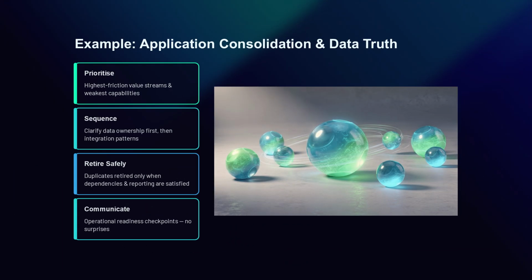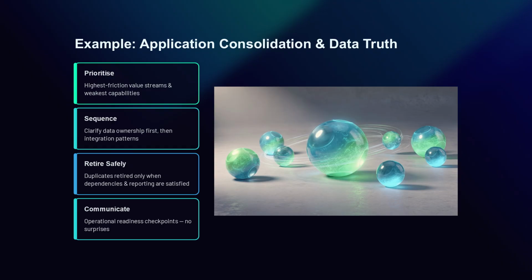Building on cloud migration, consider a plan to consolidate applications and establish authoritative data sources. You prioritize by focusing on the value streams with the highest friction and the capabilities with the greatest weakness. You sequence by first clarifying data ownership and authoritative sources, then introducing integration patterns that allow systems to coexist during transition.